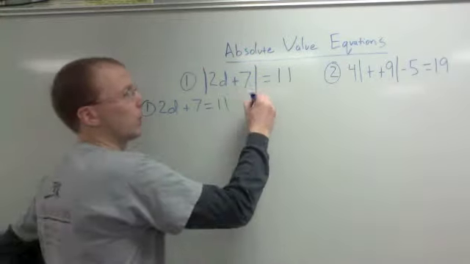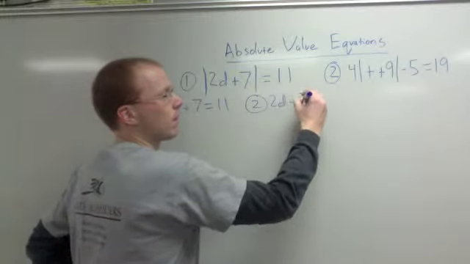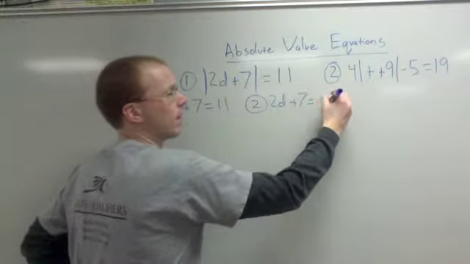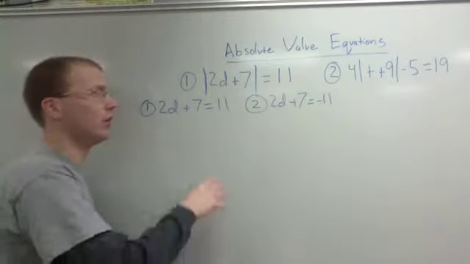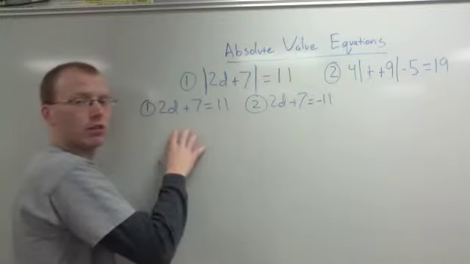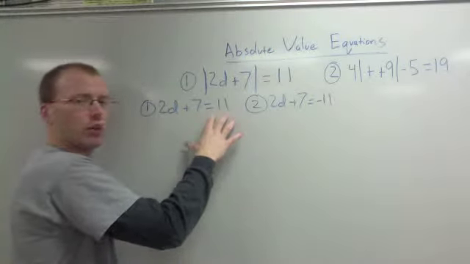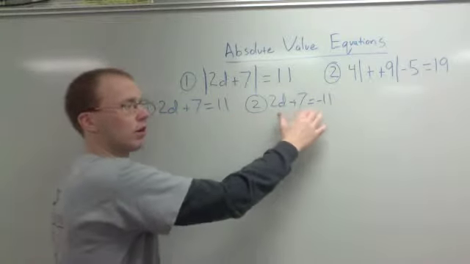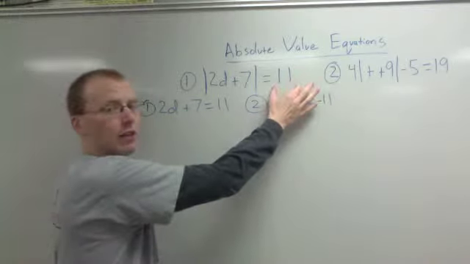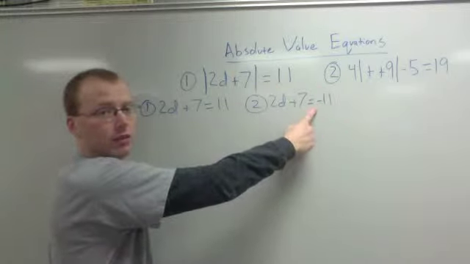So our second equation is going to be 2d plus 7 equals negative 11. Again, the only difference between these two equations is that in the first equation we've copied it term for term. In the second equation, the side that's not the absolute value we have negated. So this is now negative 11.